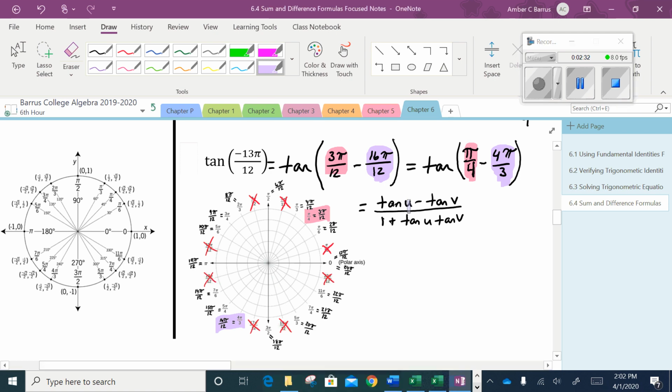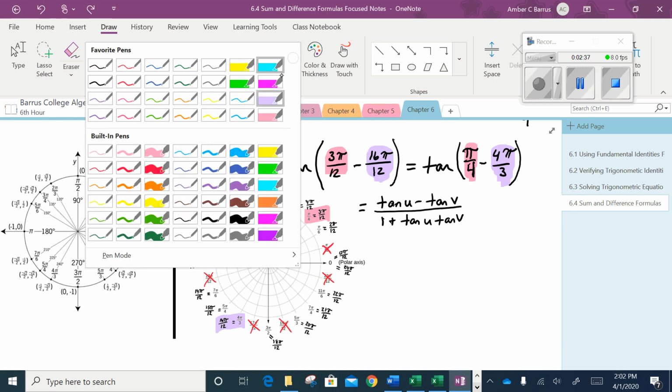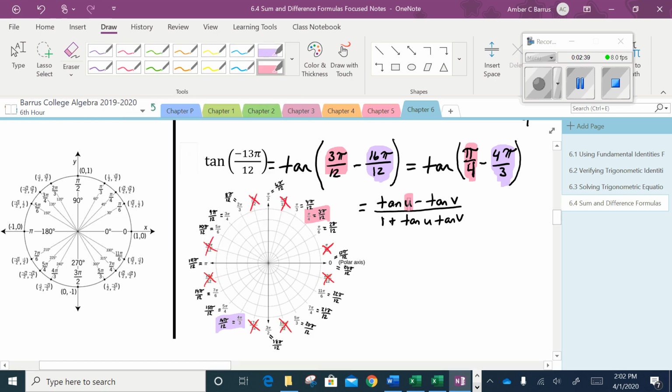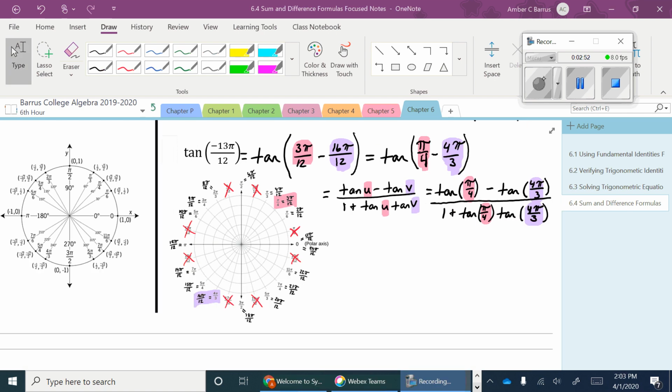And here we see that our u is going to be represented by pi over 4, and that our v is going to be represented by 4 pi over 3. So let's substitute that in. So we have the tangent of pi over 4 minus the tangent of 4 pi over 3, all divided by 1 plus the tangent of pi over 4 times the tangent of 4 pi over 3.